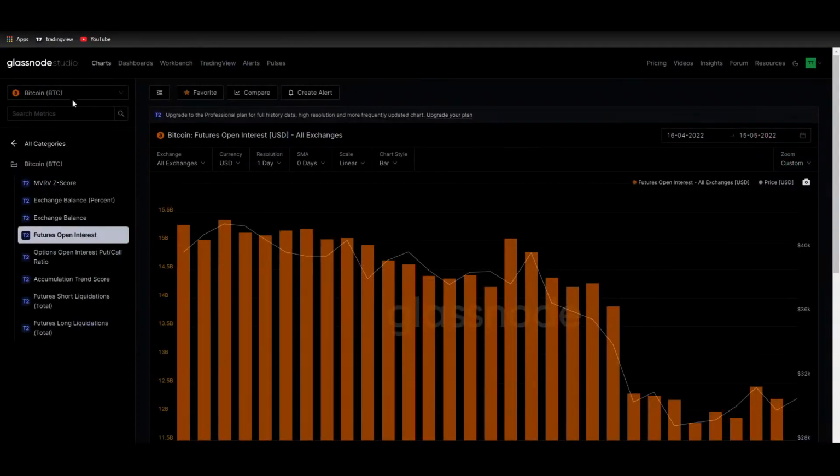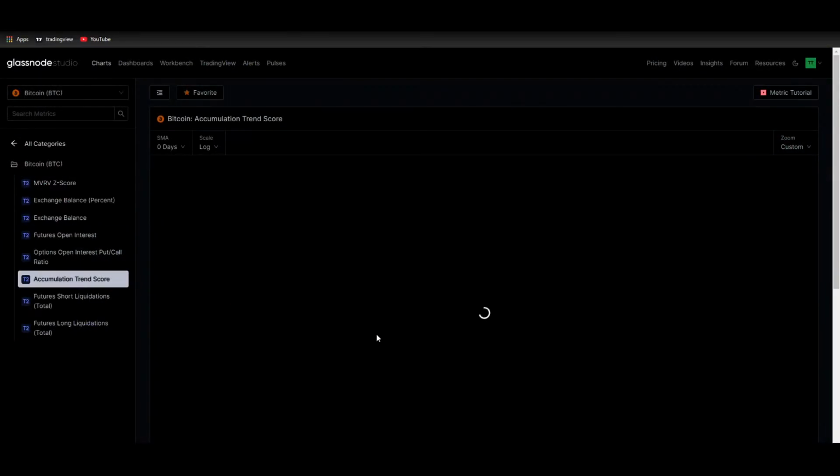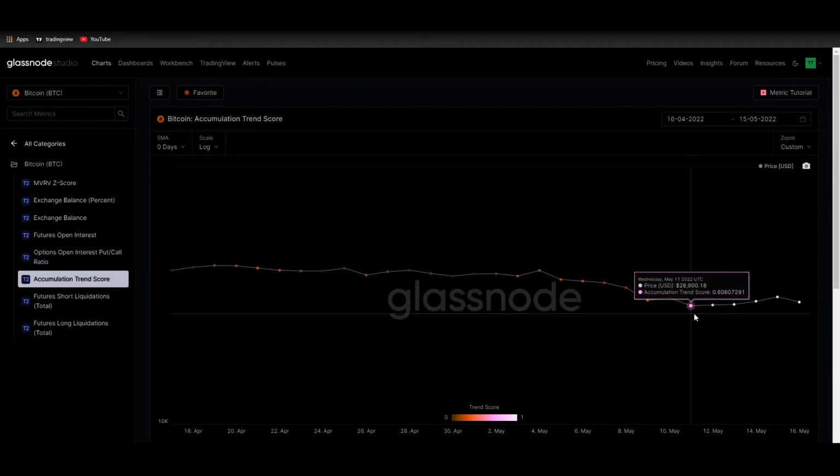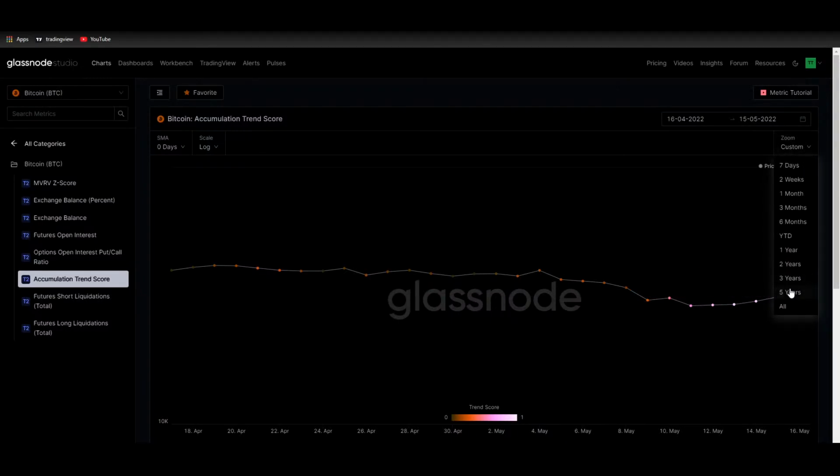If we go over here to the Glassnode chart and look at the accumulation trend score, one of my favorite tools, if you remember when I did Saturday's upload, I said finally we got this thing firing up a bit. These were the 3 days that I was looking at on the Saturday's upload. Today is Tuesday. We have a few more days of data. And as you can see, this thing is still firing up. So people are buying.